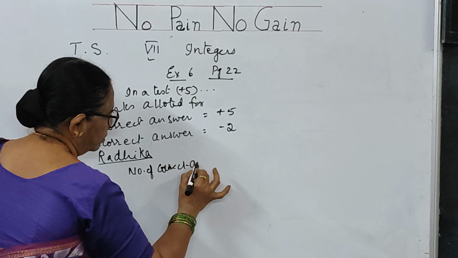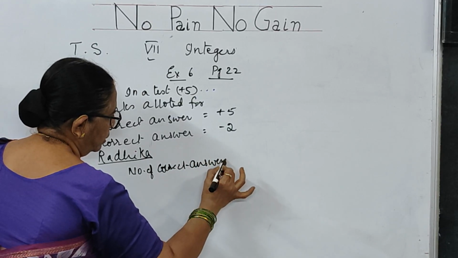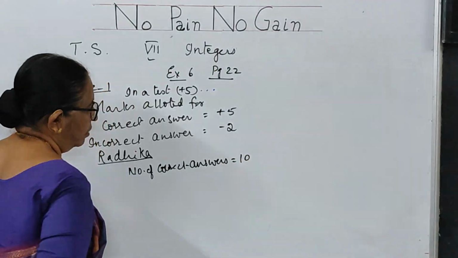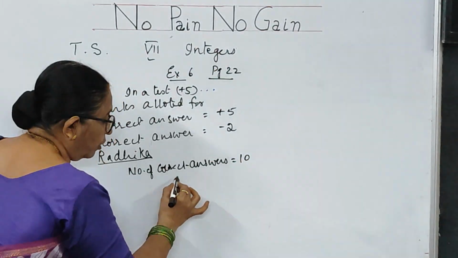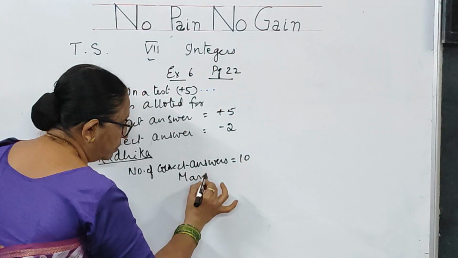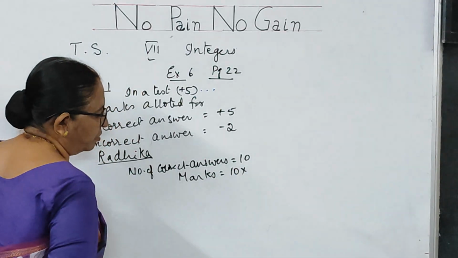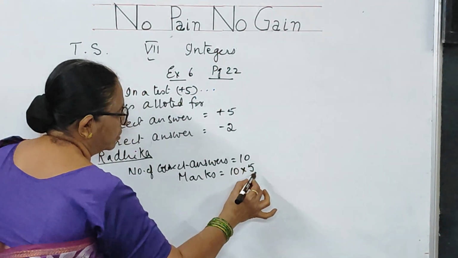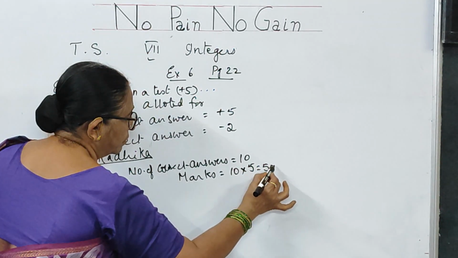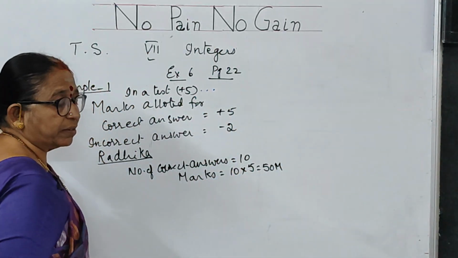Number of correct answers she did is 10. So basing on that, how many marks they will get, children? 10 questions, and each question carries 5 marks. Totally she is getting 50 marks.